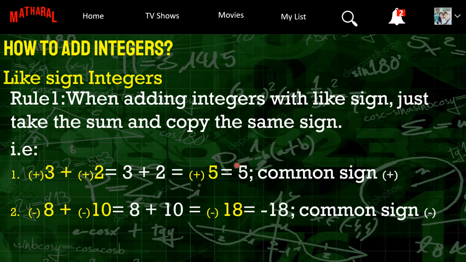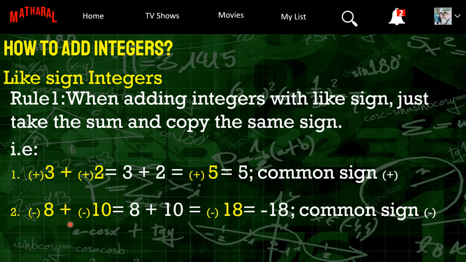Whenever the integer is a positive integer, you can omit the positive sign of that integer. Tulad po nito, nung nire-write po natin na wala na po si positive sign. Yan po ay nangyayari kapag ang sagot mo ay positive integer. Okay, on the second example, negative 8 plus negative 10.